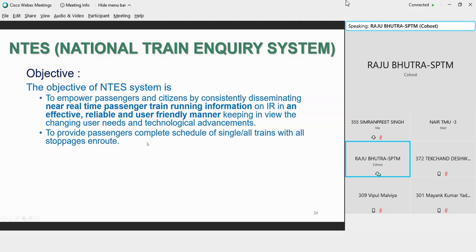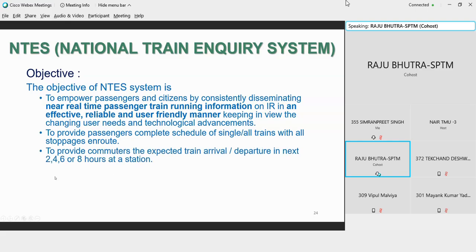To provide passengers the complete schedule of a single train or all trains with all stoppages and route. The passengers may require to know the schedule of stoppages for a single train or all the trains running in the section, so all the information about the stoppages, route, and complete schedule has to be made available to them. NTES also provides commuters the expected train arrival and departure in the next 2, 4, 6 or 8 hours at a station.